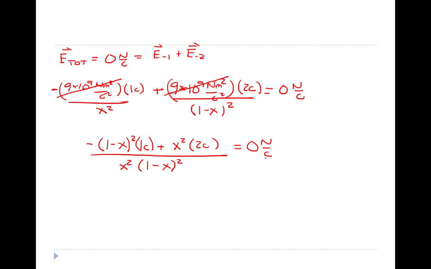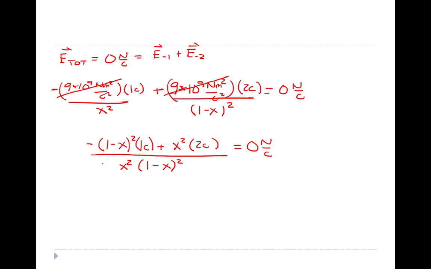For this statement to be true, the numerator of it must equal 0, so I can drop my denominator at this point. I'm also going to drop the units of coulombs. Actually, I'm going to drop all of the units to make life a little bit easier.